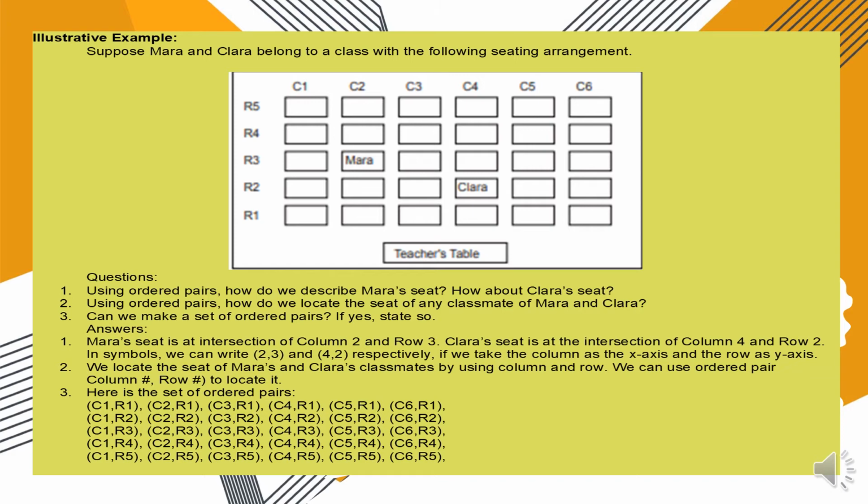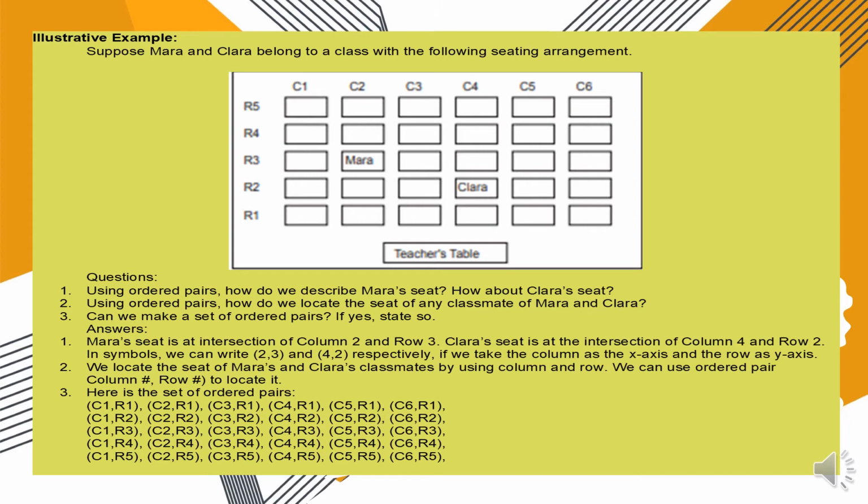Since in our Cartesian plane, the y-axis is the vertical line and the column, our x-axis, is the horizontal line, we will follow that Cartesian plane or the order of x and y.